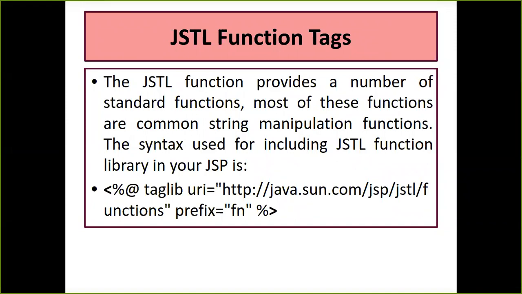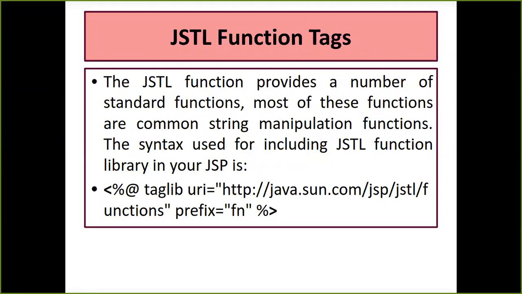We also found a substring from the whole string, like if I have, for example, elephant but just want some part of that string, I can do that with the help of a substring. I can also find a string which starts with certain characters. All this is covered inside your function tags, which mainly work with string manipulation functions.